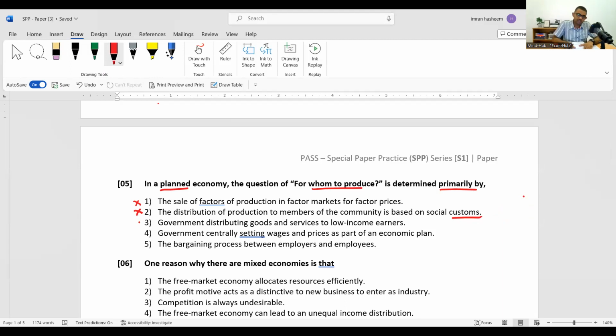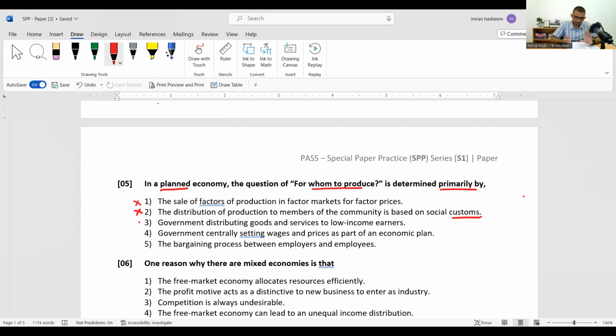And also it gives the idea that all parties in a planned economy are, by default, low income earners. That is also not the case.